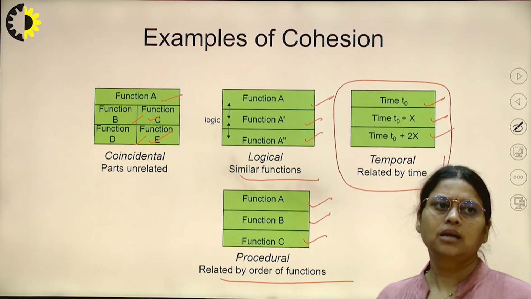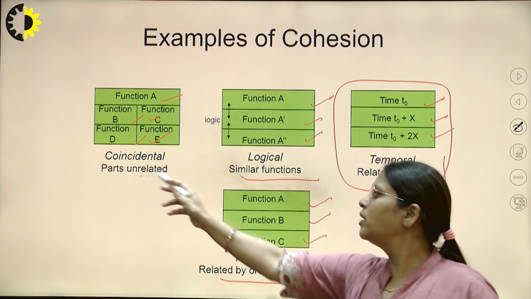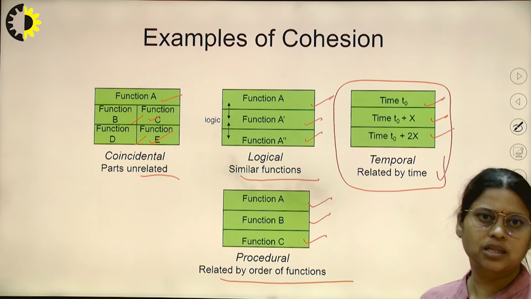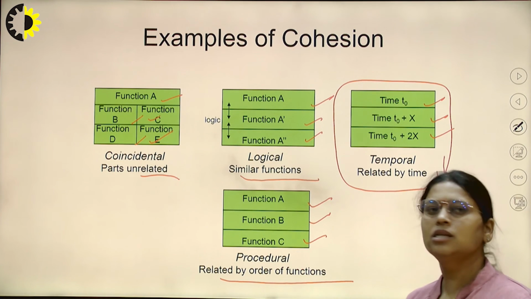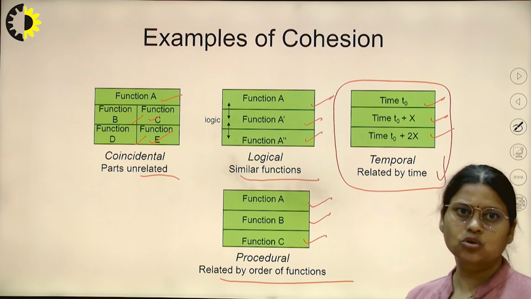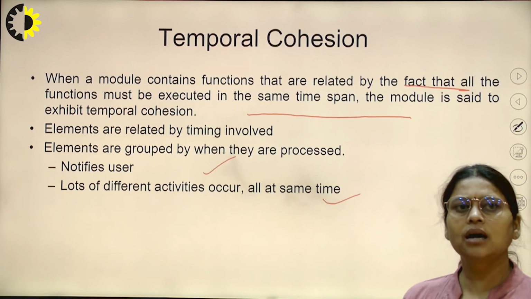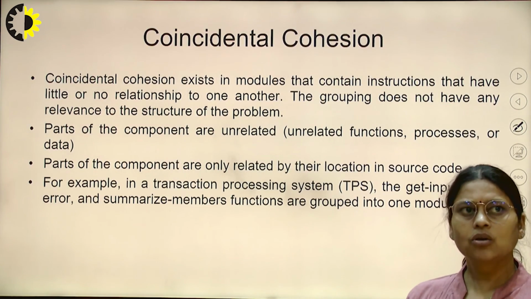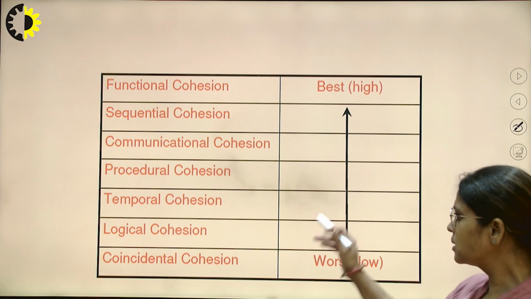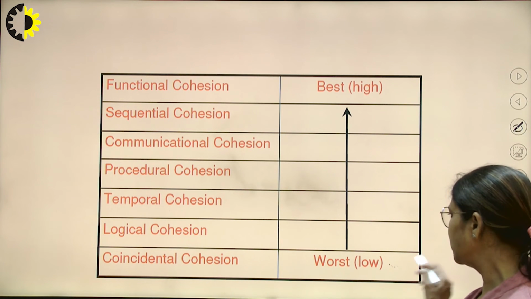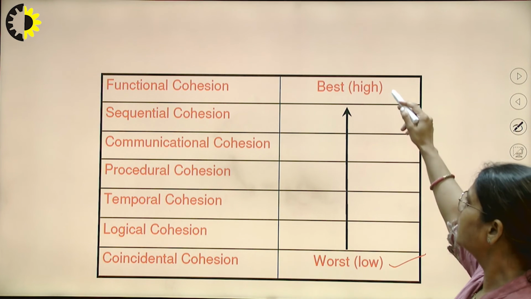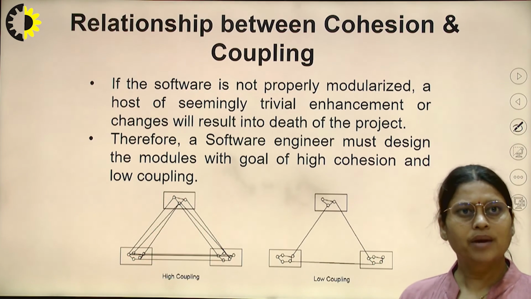Or we can say that all the functions are unrelated with each other. Such a type of cohesion is called coincidental. So, coincidental is the worst case and functional is the best case of cohesion. So, this is the dependency.